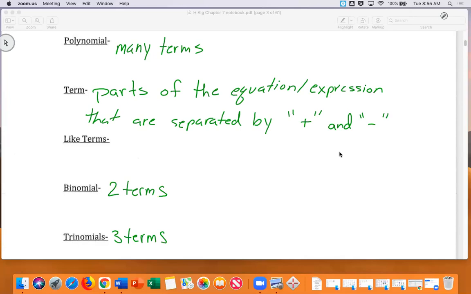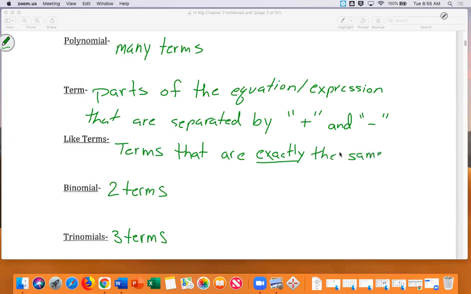Like terms. Do you want to try that one? Terms that are the same. Now I'm just going to add one thing to that: terms that are exactly the same.